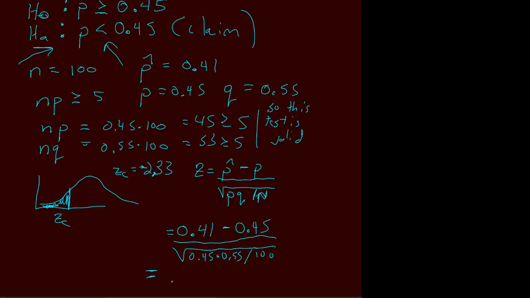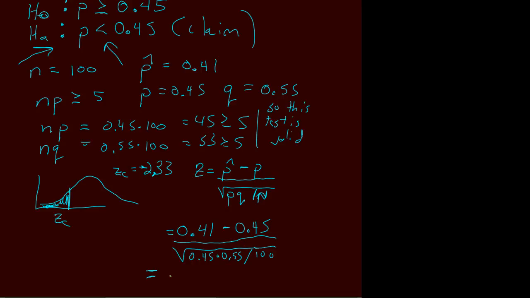I always found that these proportions and these percentages really beg for calculators. They get really, really catchy numbers. And so, parentheses 0.41 minus 0.45, parentheses, square root, 0.45 times 0.55 divided by 100.